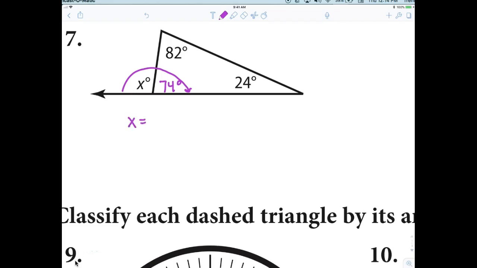So x is equal to what? 106 degrees. Very good. But that still leaves me with the triangle. The triangle is still what? Is it acute, obtuse, or right? It's obtuse, and it's scalene. Very good.